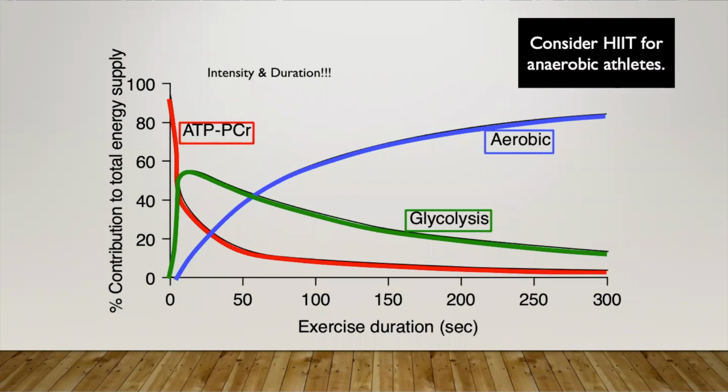So my message would be to consider those HIIT training sessions, anywhere from 10 to 30 seconds, with 4 minutes to 2 minutes of rest, as you progress in the intensity of the training for those anaerobic athletes.